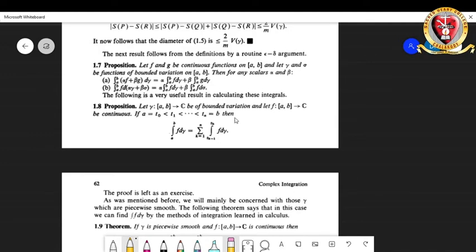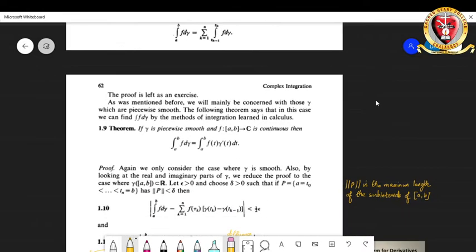So this means that if we introduce a partition for the interval, we can sum up the integrals of each portion to get the whole integral from a to b. You can try out this proposition along with Proposition 1.7 to prove it as an exercise.